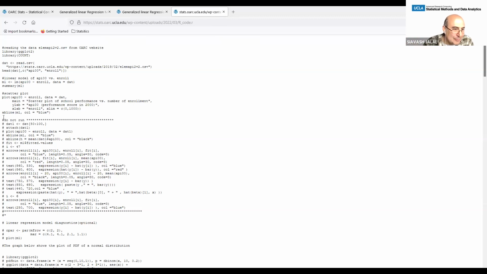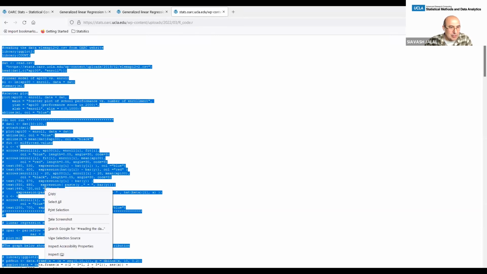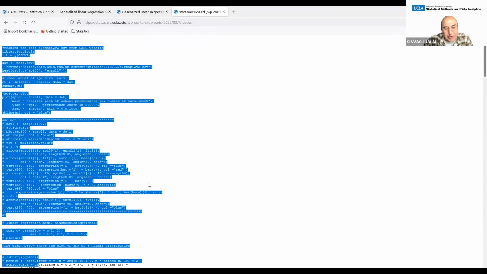The part that is mostly optional, I put in as comments so you don't have to run it. Okay, so you can copy part of the code, or everything.